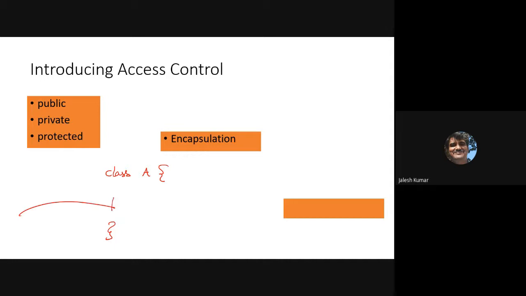So what is inside this? If anybody wanted to get inside that, what will he do? That's encapsulation. The purpose of encapsulation is control: control others from peeping into this particular block.